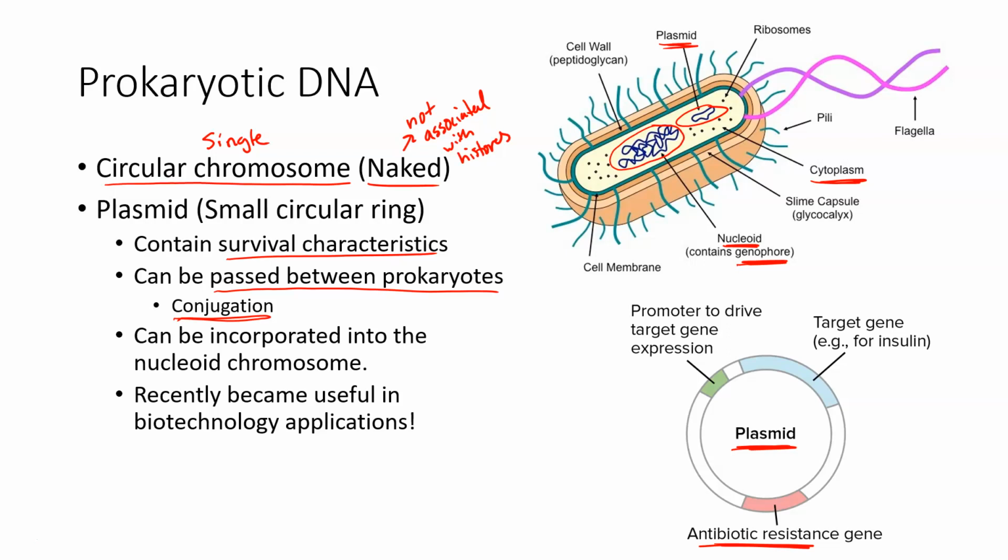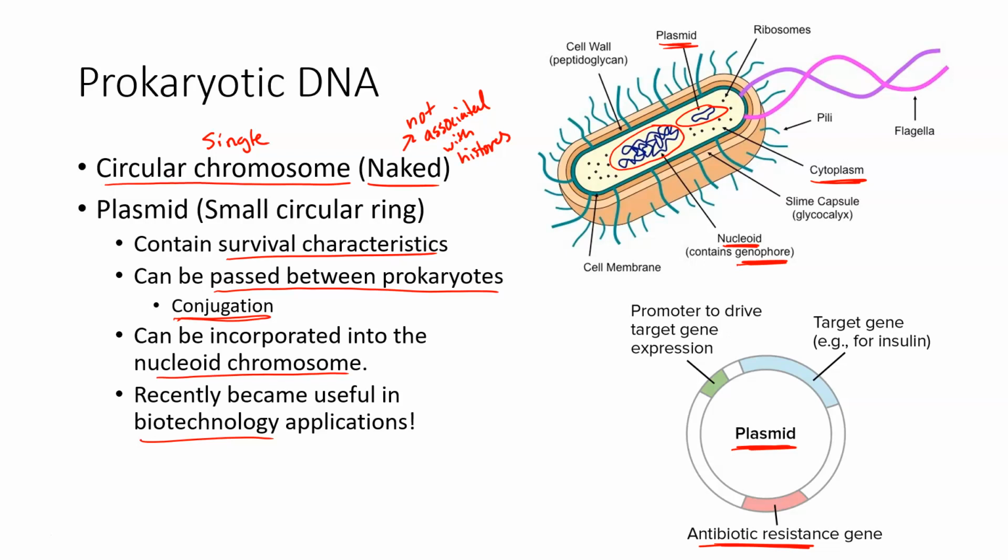The bacteria plasmid can be incorporated into the nucleoid chromosome upon conjugation. So if a cell receives a plasmid from another cell, it can then incorporate that bit of information into the nucleoid chromosome. And this recently, like I said, became useful in biotech applications as a way of producing human proteins without actually sourcing those proteins from kind of unethically sourced human applications.